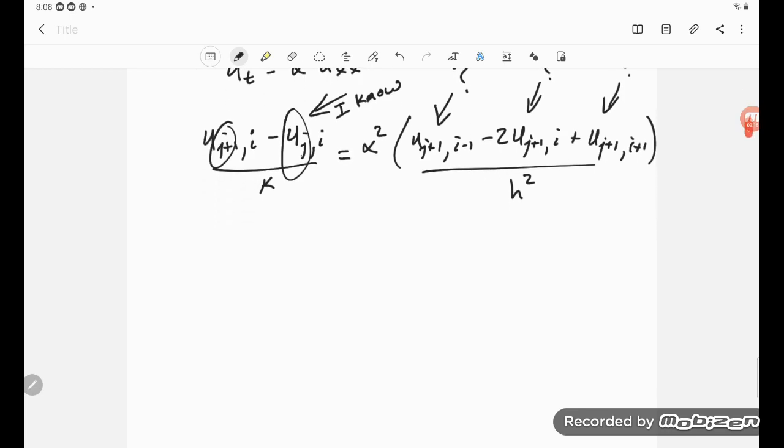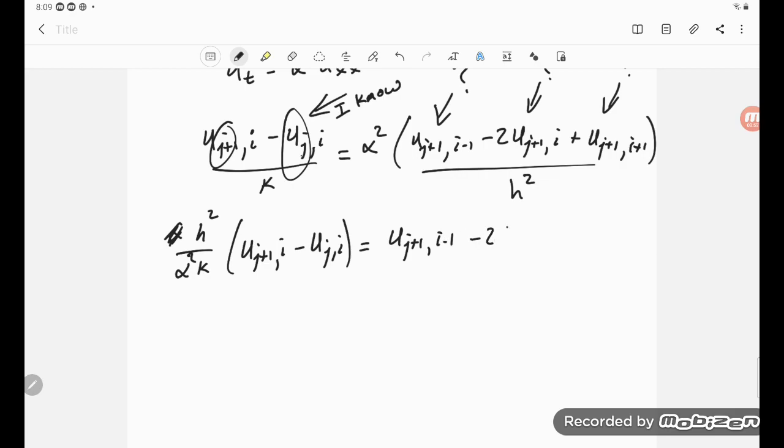So what we do, again, is the same sort of thing. I'm going to make this h squared over alpha squared k times u sub j plus 1, i minus u sub j, i, like that, equals u sub j plus 1, i minus 1, minus 2 u sub j plus 1, i, plus u sub j plus 1, i plus 1, like that.